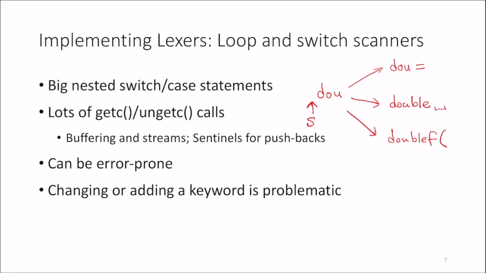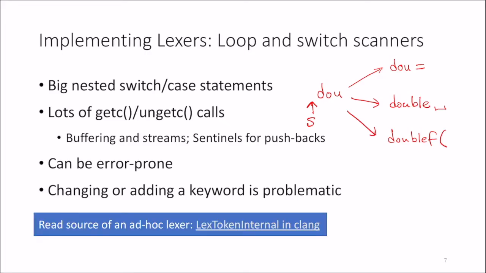What I would like you to do is, if you get the PDF version of these slides and then you click on this link over here, it'll take you to a GitHub repository for the source code of Clang, and I've highlighted that particular function in the Clang source code that reads C++ tokens.